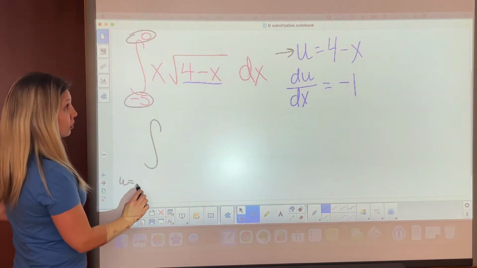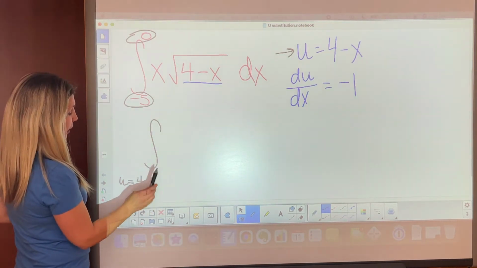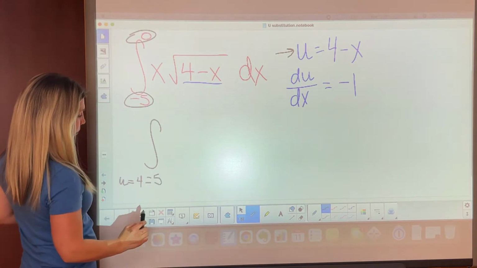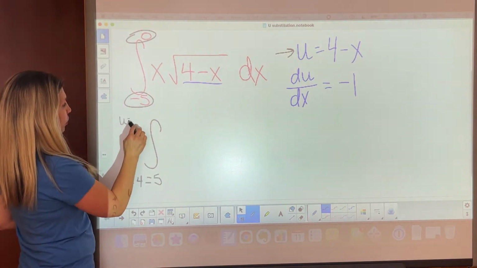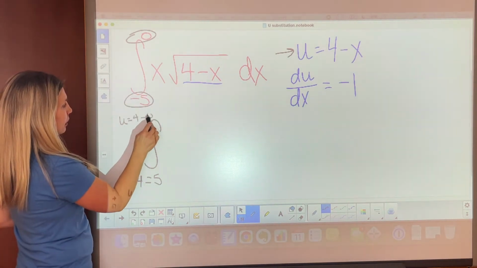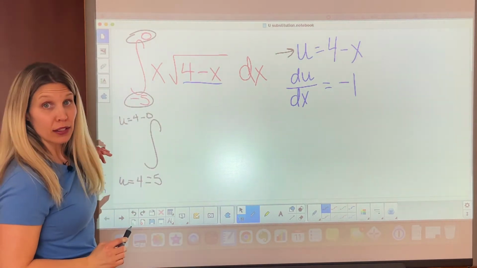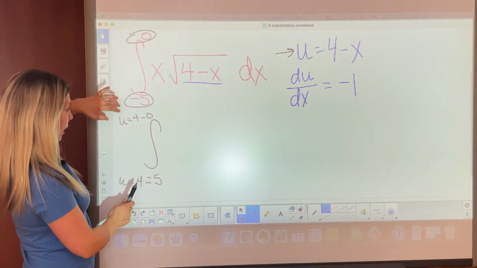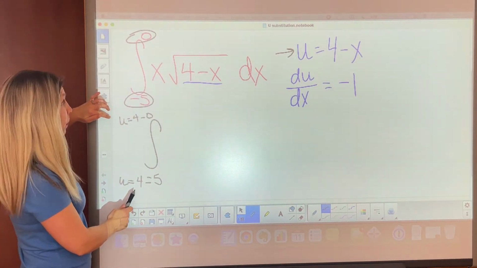U equals 4 minus, now this bound was a -5. And at the top, we would have U equals 4 minus 0. I'll simplify these in the next step. But do you see I use my U equation, have my x's, and I have new bounds.